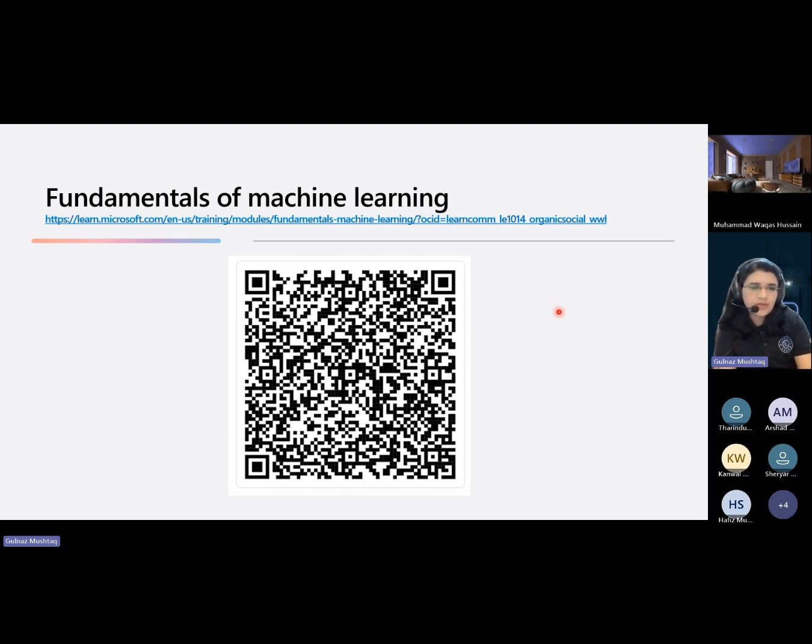This is part of the AI skills challenge session. In future we are going to host many such sessions as well. Most of them are from AI, from Azure security, things like that. Okay.